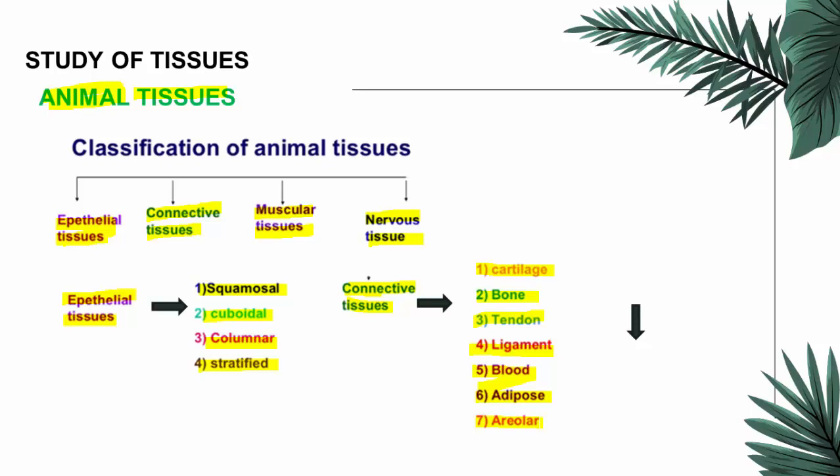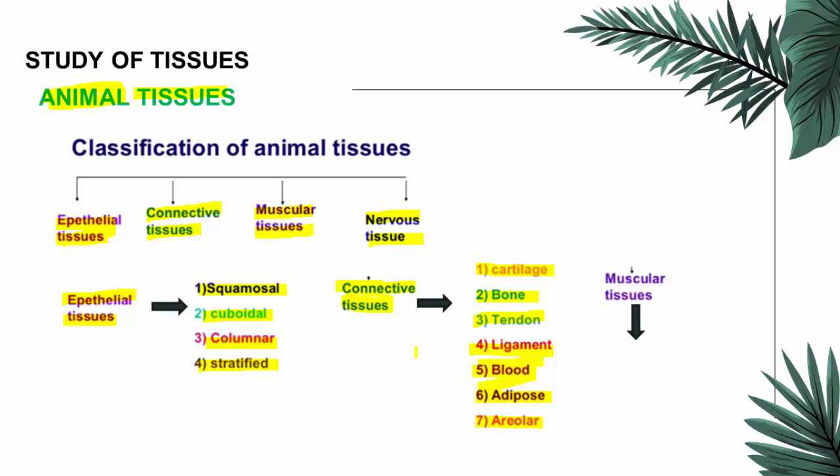All these are the different types of connective tissues present in the body of animals. Remember, blood also belongs to the group of connective tissues. About blood, I am going to explain in detail in the next video. And remember, the connective tissues are cartilage, bone, tendon, ligament, blood, adipose and areolar tissue.